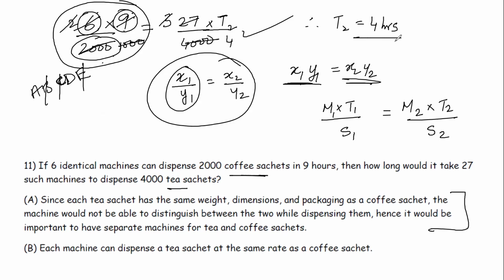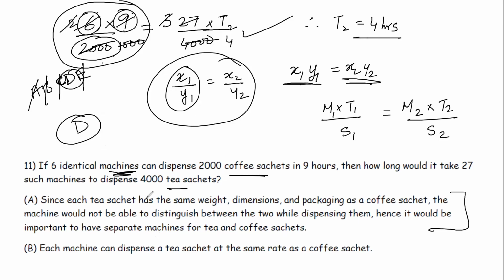And again, feedback for statement B also: each machine can dispense a tea sachet at the same rate as a coffee sachet. So again, using the understanding that the rate for dispensing a tea is the same as the rate for dispensing a coffee, the machines are not distinguishing.